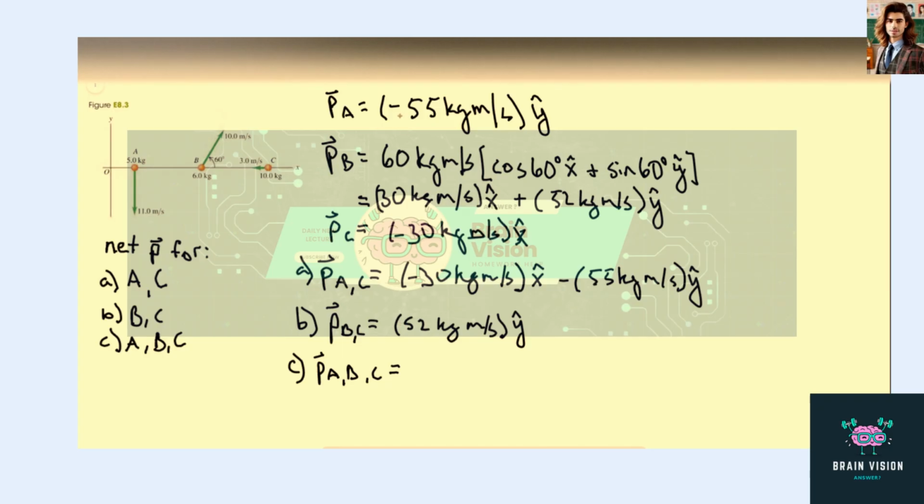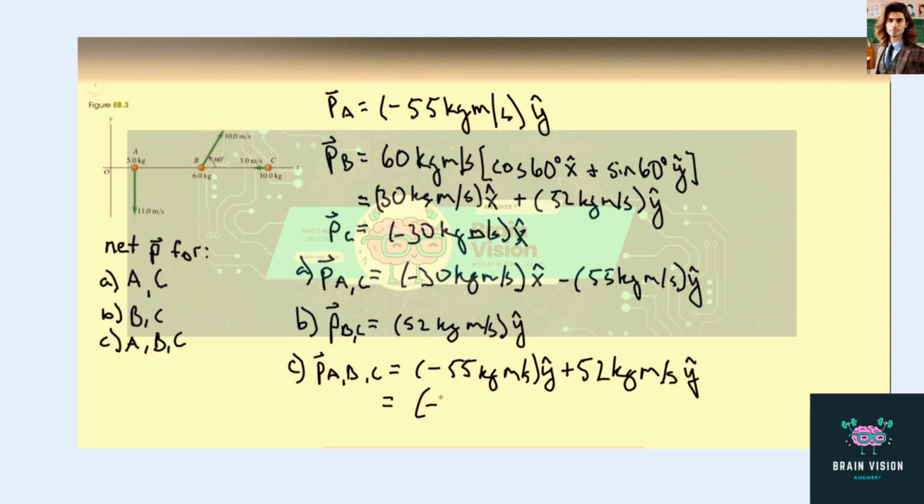So A we see is negative 55 kilogram meters per second in the y-hat direction, and to that we'll add our positive 52 kilogram meters per second.